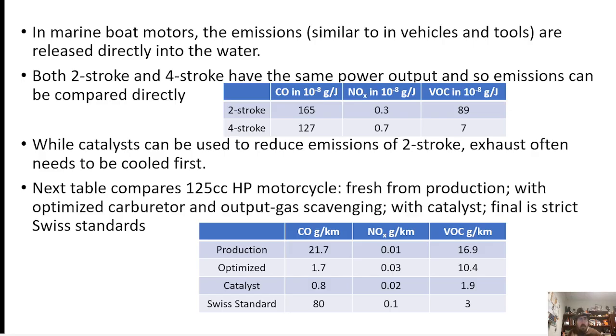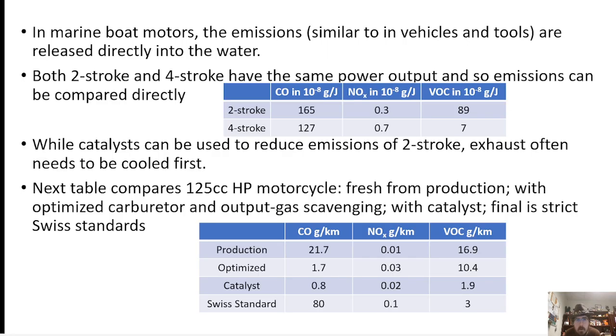So both the two-stroke and the four-stroke have the same power output, so emissions can be compared directly. So we can compare energy, so we can compare the fuel to some extent.